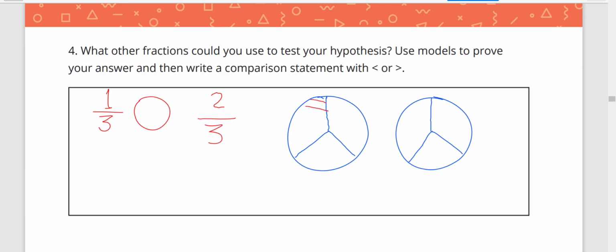Shaded of one part, and second fraction shaded of 2 parts, because the numerator is 2. Then which is the greatest fraction? This fraction or this fraction.